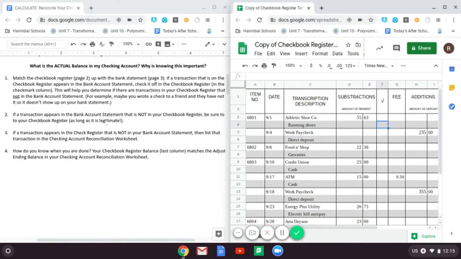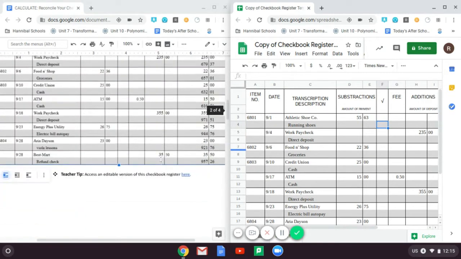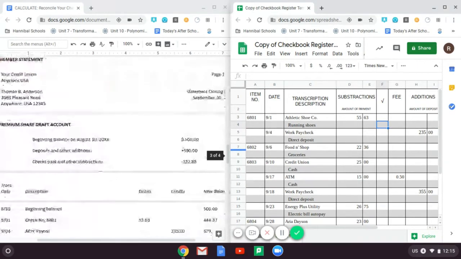If a transaction is on the bank statement that's not on the register, I'm going to add it to the register, as long as it's legitimate. If a transaction's in the register that's not on the bank account, then I'm going to list that transaction in the reconciliation worksheet at the bottom. Okay, we'll talk about that as we go.